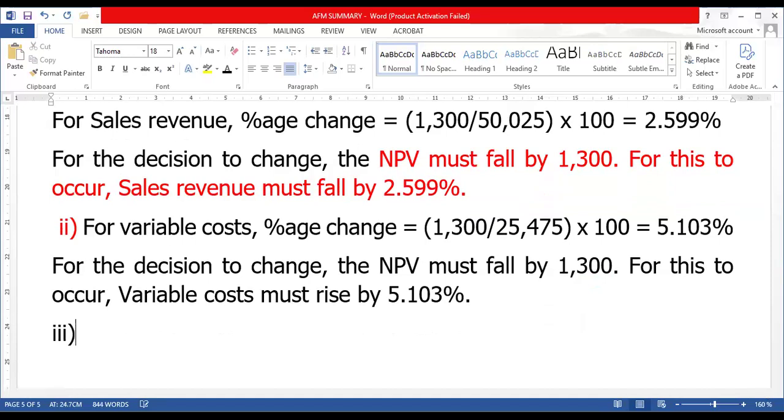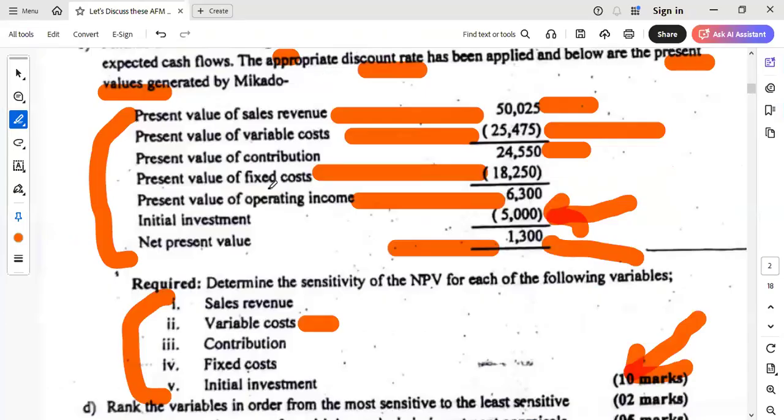Then Roman 3. Roman 3 is about contribution. The test variable here is contribution.